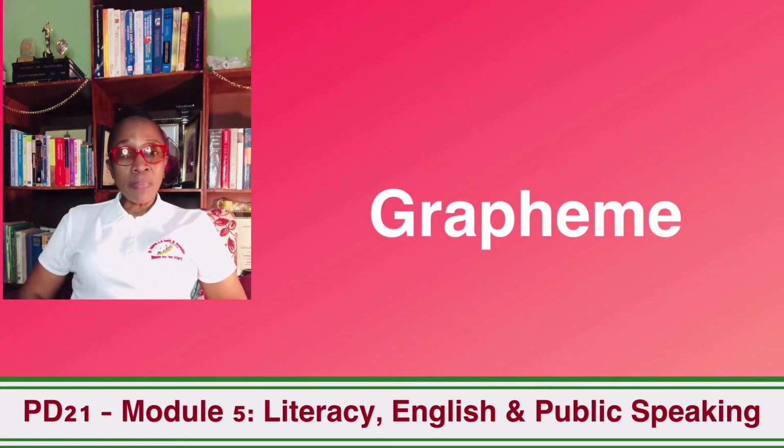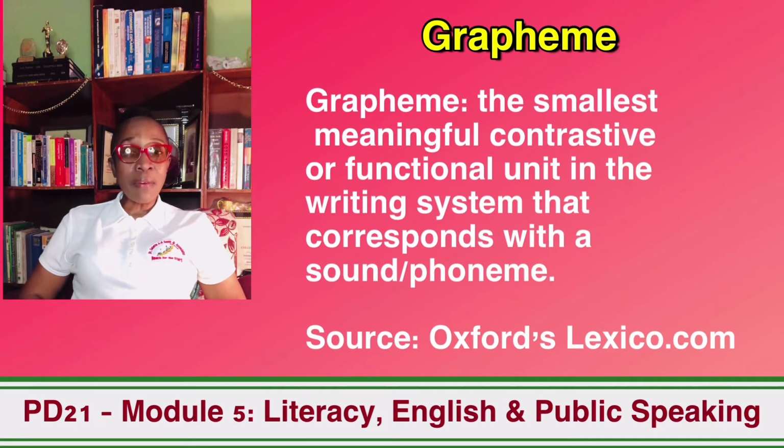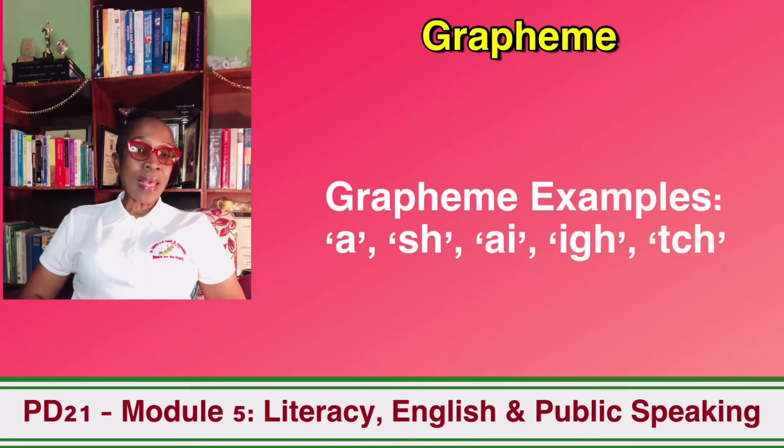A grapheme is the smallest meaningful, contrastive, or functional unit in a writing system that corresponds with a sound. This can be a single letter or sequence of letters, as in A, SH, AI, IGH, TCH.